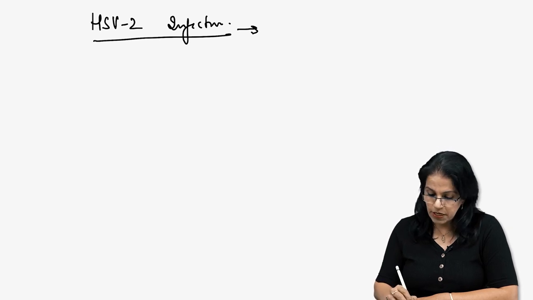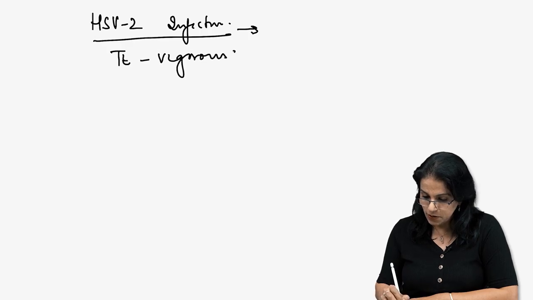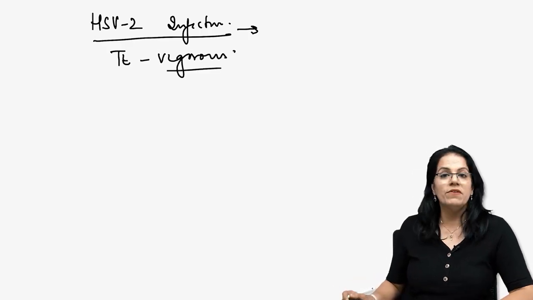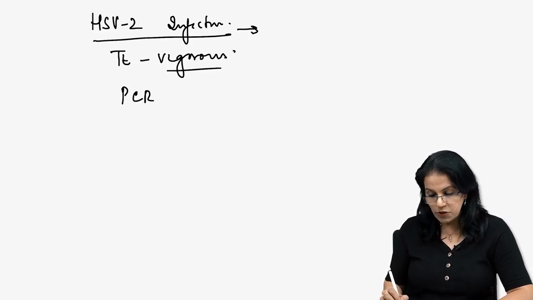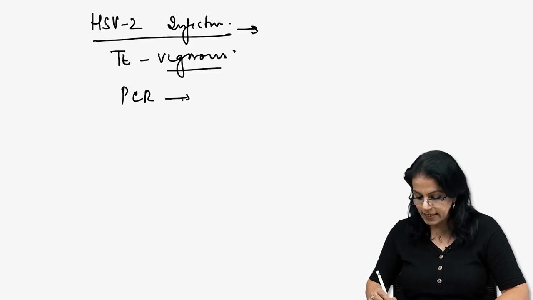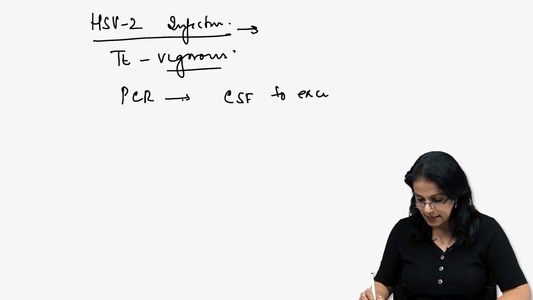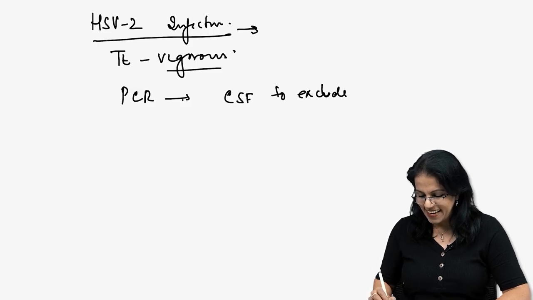So your treatment has to be very vigorous. We have to even go for PCR for confirmation. We have to check the CSF to exclude encephalitis. So this is one point.